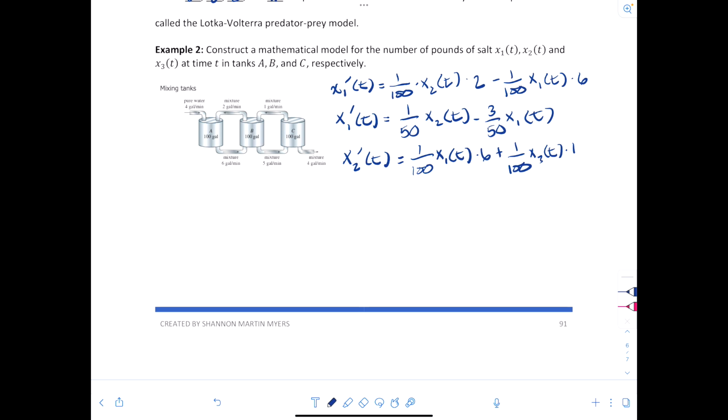And then leaving tank B is 1/100th, and we've got that mixture at 5 gallons per minute, and it's x2, right? So this is a minus x2 at t times 5 gallons per minute.